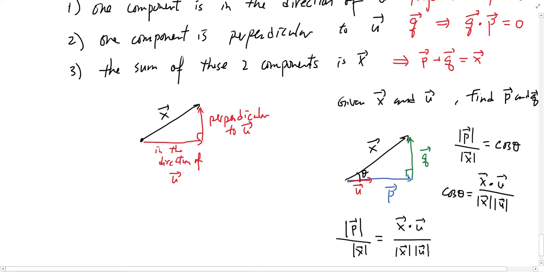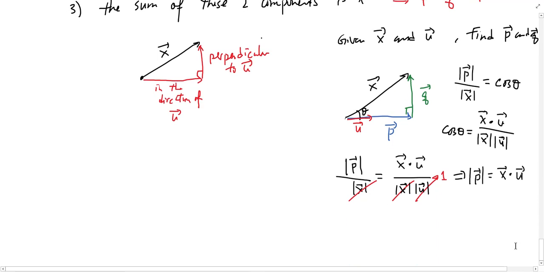Here is the interesting part: the length of x cancels out from both sides, and the length of u is just 1 because u is a unit vector, so that goes away when I divide by 1. Therefore, the length of p must equal the dot product between x and u. That's how long I need to make vector u to make it into vector p.